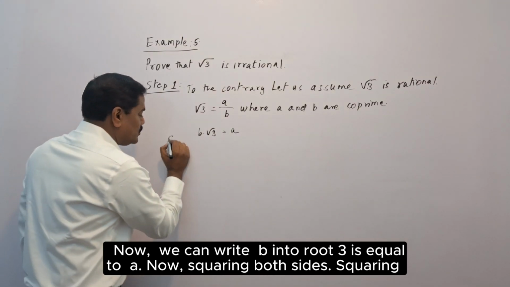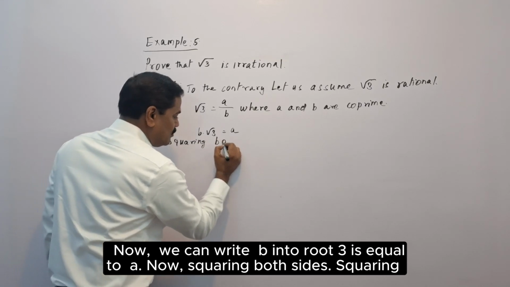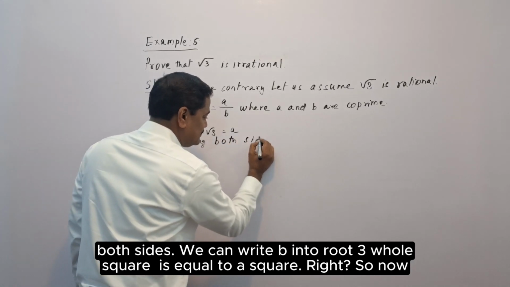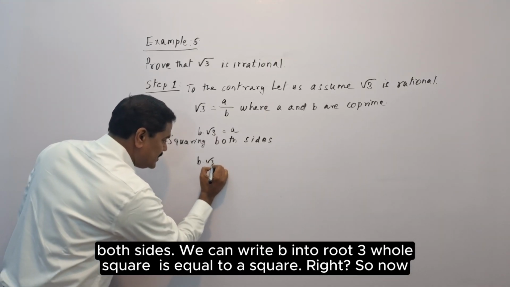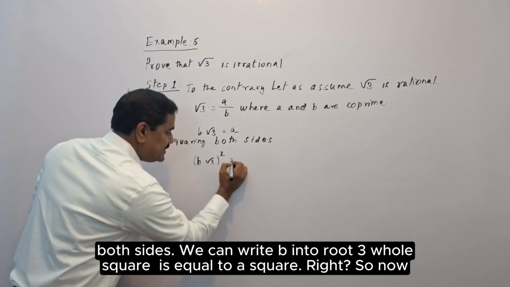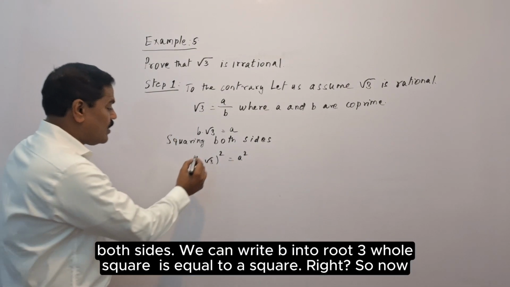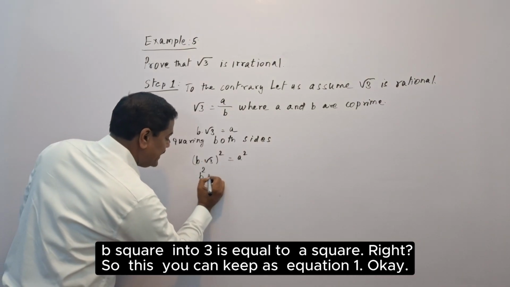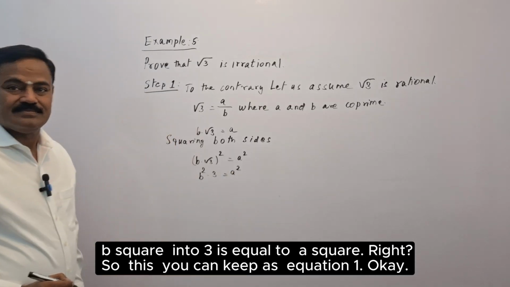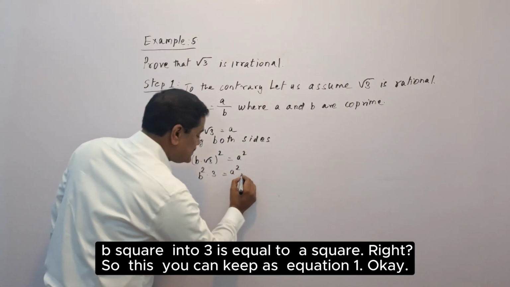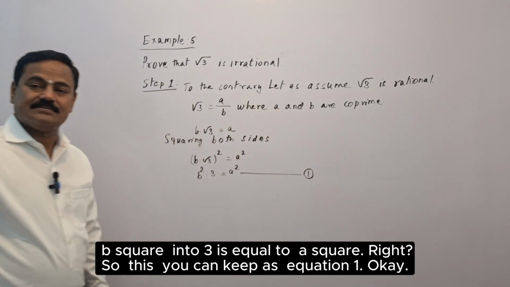Now squaring both sides, we can write b into root 3 whole square is equal to a square. So b square into 3 is equal to a square. Keep this as equation 1.